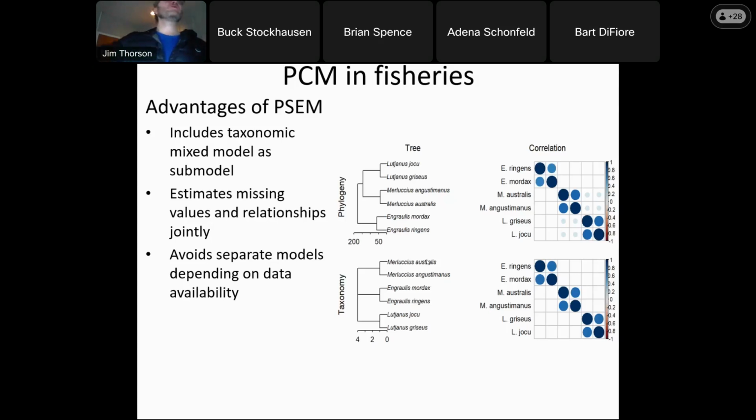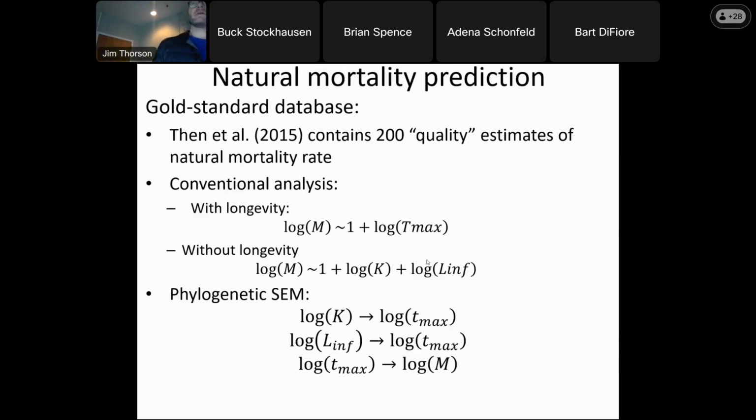But those two covariances are pretty similar, so it's probably not going to make a huge difference. Anyway, it gives you the ability to do very easily these sorts of things, which surprisingly has not been done in trait imputation.